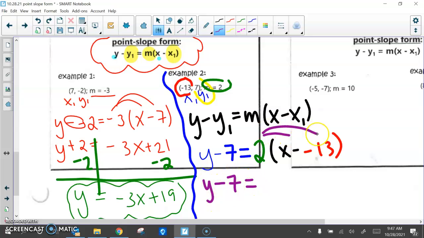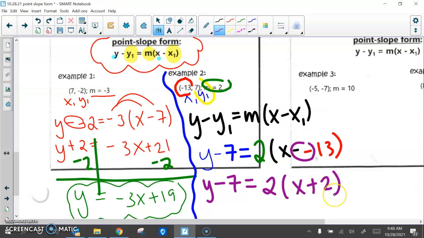This right side you have to distribute, but before I distribute, notice how I have these two minus signs. So let me rewrite that to make that a plus 13. Now I can distribute.